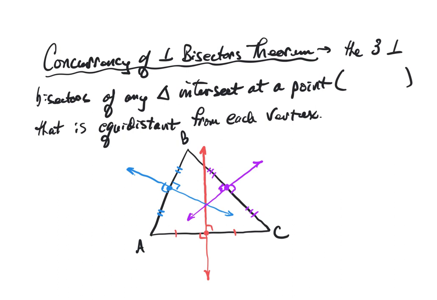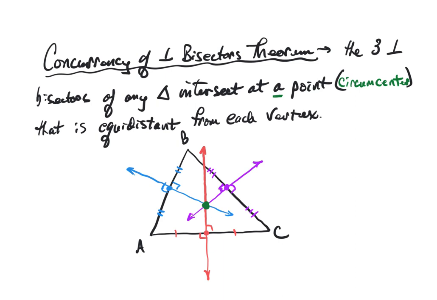And what the theorem says is that these three perpendicular bisectors will always intersect at one point. The theorem actually says a point, but that implies one point. Okay? That point has a funny name. It's called the circumcenter of the triangle.